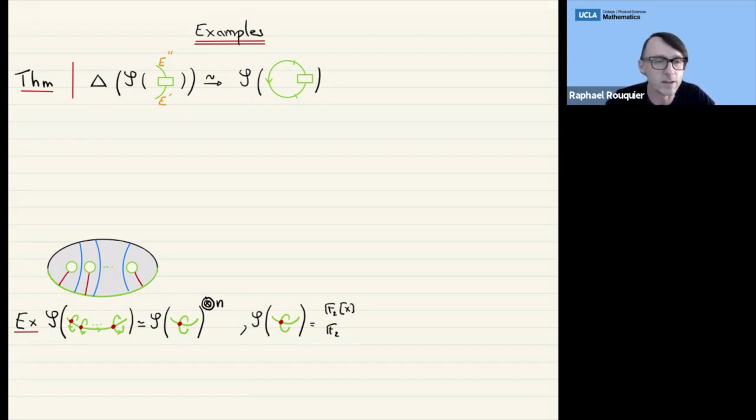The blue lines mean you're cutting the disk into pieces. It's more reasonable with this suture structure plus arc decomposition structure. What the theorem says is that you can recover the category associated to the full disk by gluing together categories associated to these small things, which are big disks with only one puncture on this arc.